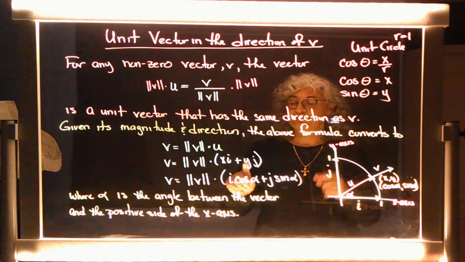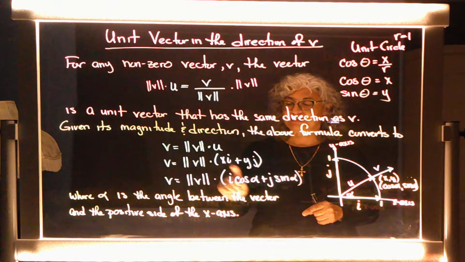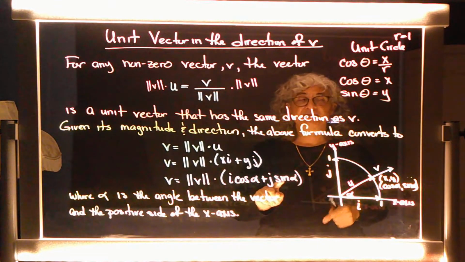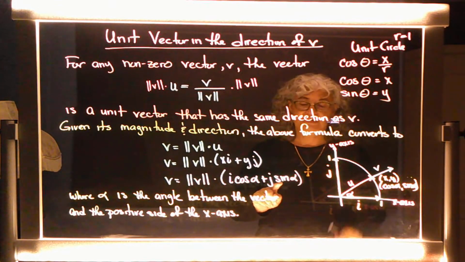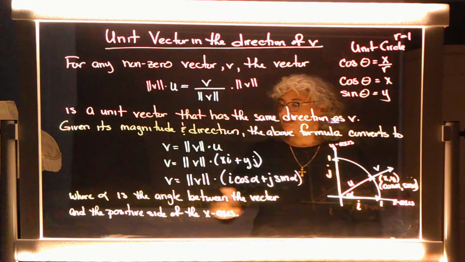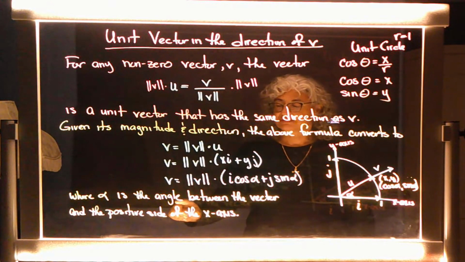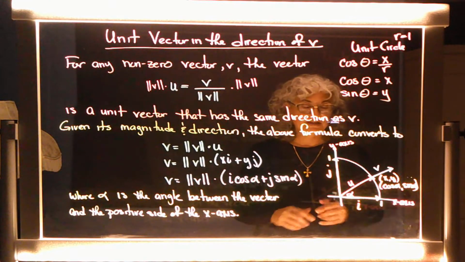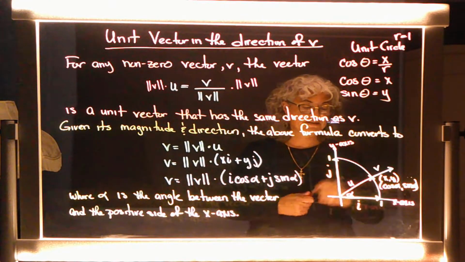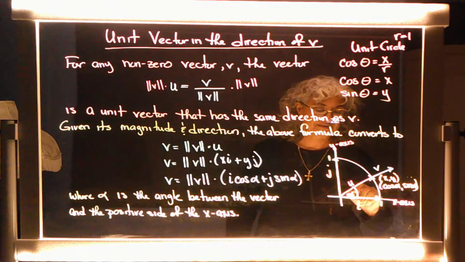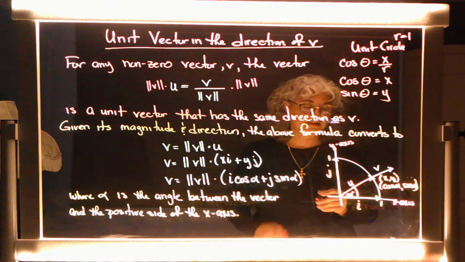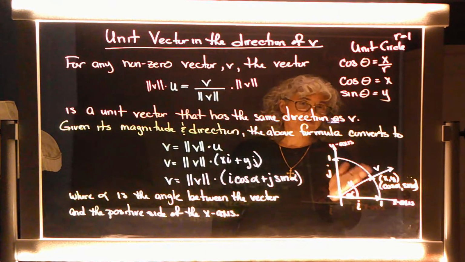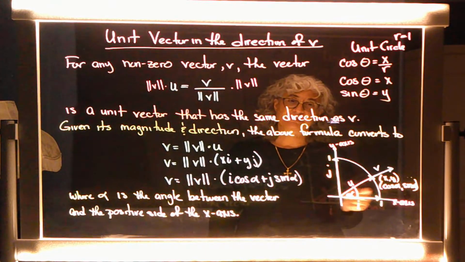But because it is a unit circle, I can replace the x with the cosine of the angle, and I can replace the y with the sine of the angle. And this angle, alpha, is in between the vector and the positive side of the x-axis. So this is where your angle would need to be. Between the vector, wherever the vector is, and the positive side of the x-axis.